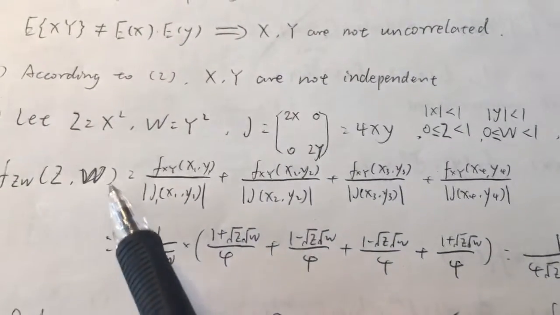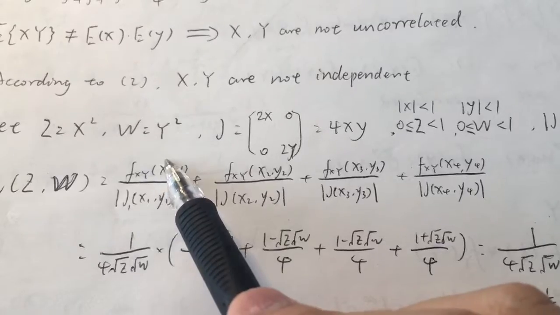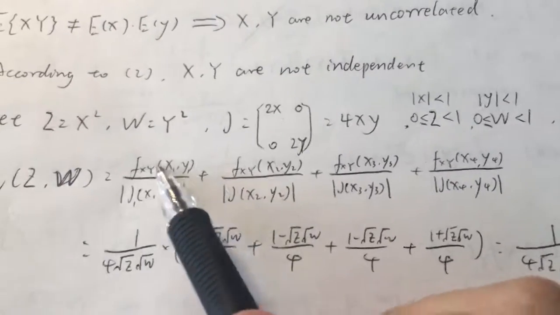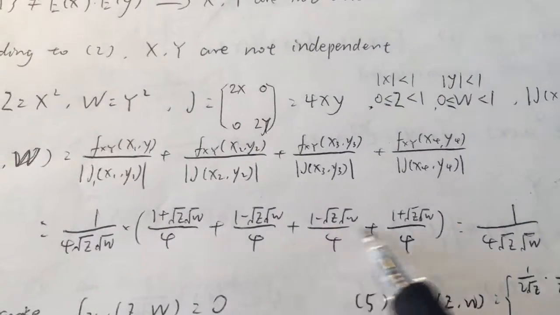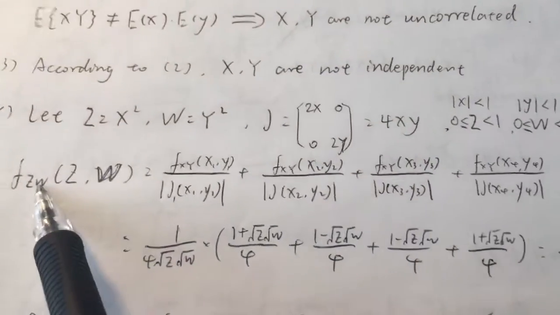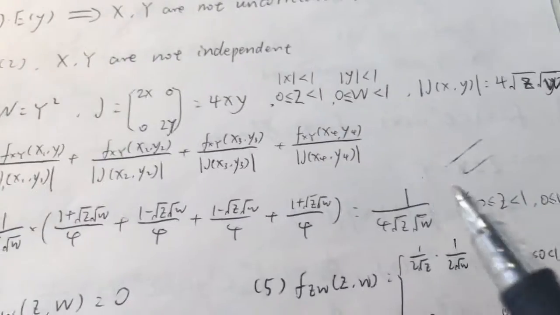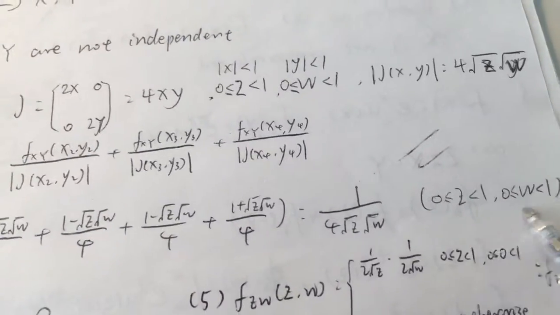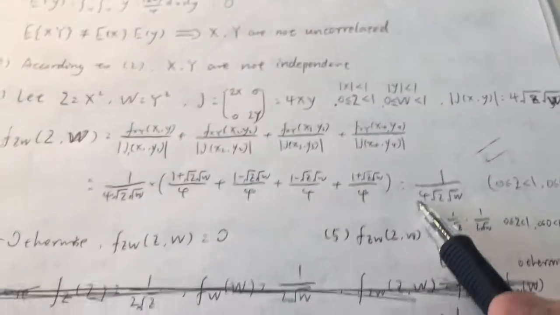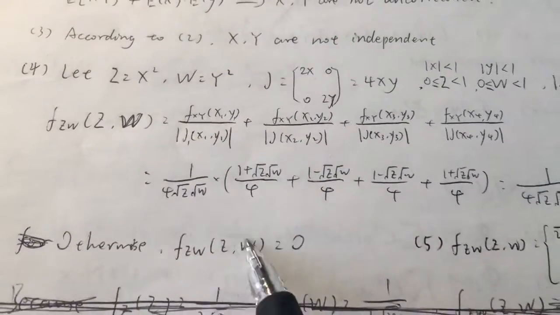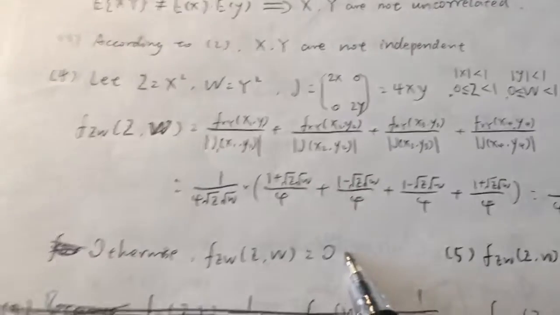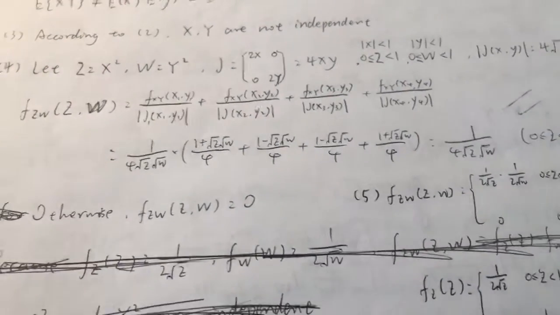We put the root of z and root of omega into the density function of x and y, and finally we got this joint density function in this range. Otherwise this should be 0. So that's the fourth question.